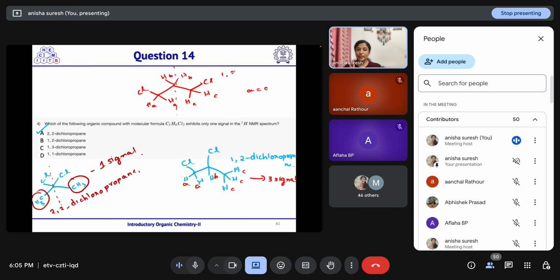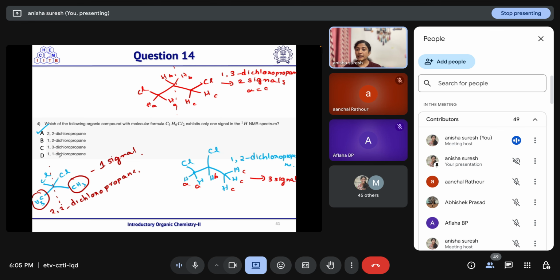So in the case of 1,3-dichloropropane, you can see two signals. HA equal to HC, so that will come as one peak, and HB will come as the second peak. Hence, in the case of 1,3-dichloropropane, you will see two signals in the proton NMR spectrum.